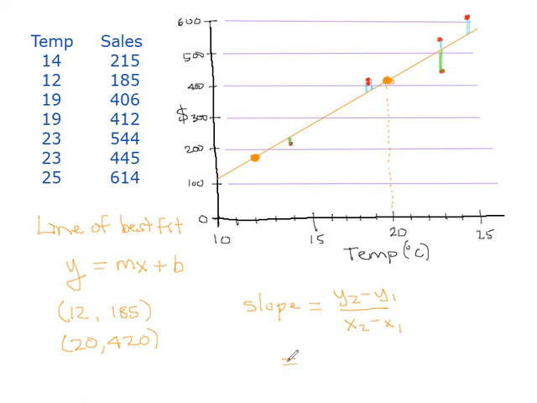If we calculate a slope with those, y2 minus y1 is 420 minus 185. And then we have 20 minus 12.